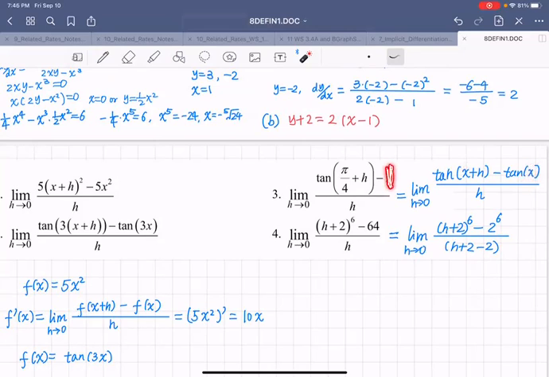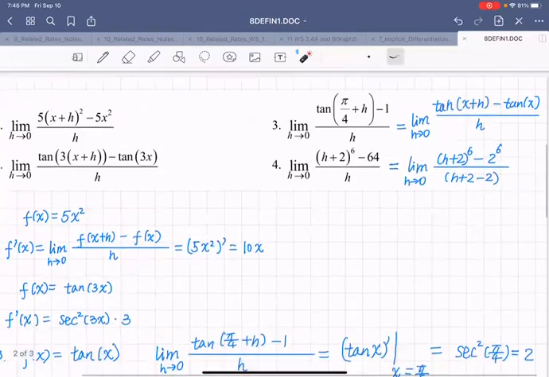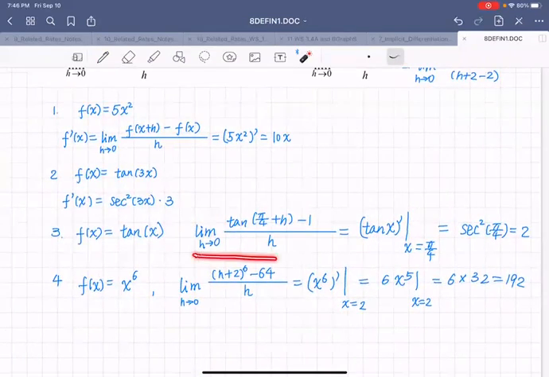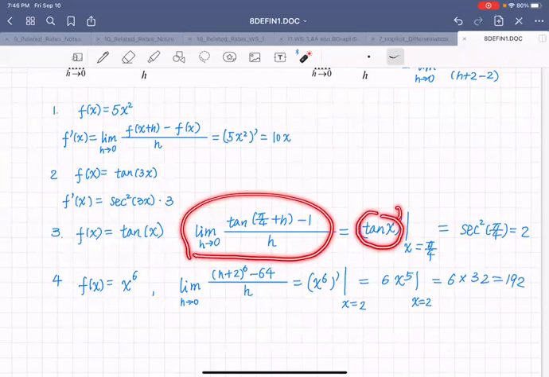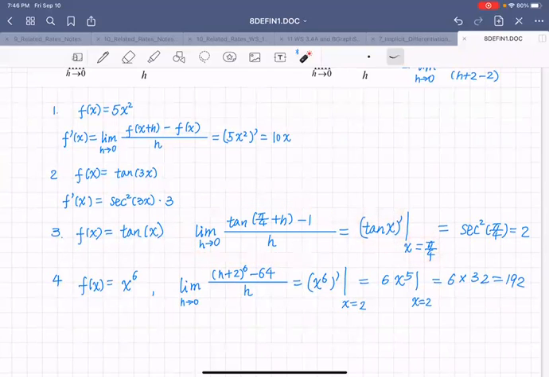Is 1. So this guy is asking for tangent x derivative at x equals pi over 4. Does this make sense? Are you allowed to write just tangent pi over 4 derivative or no?